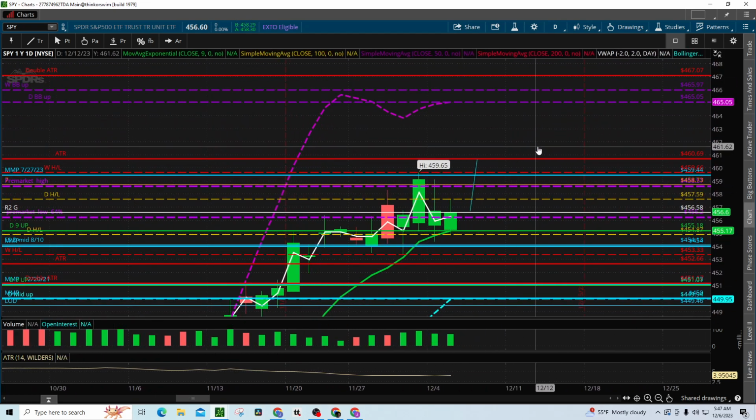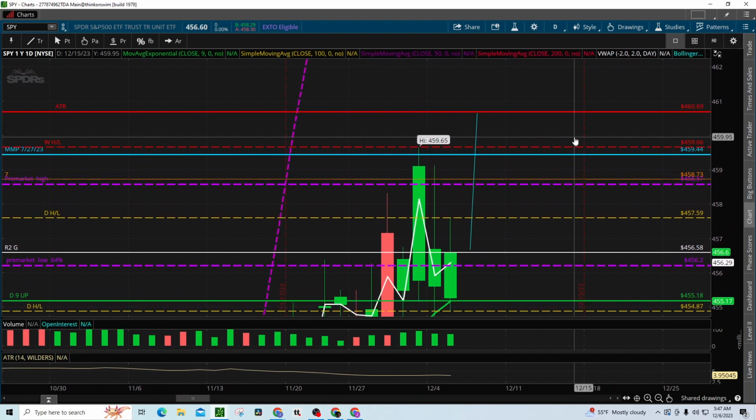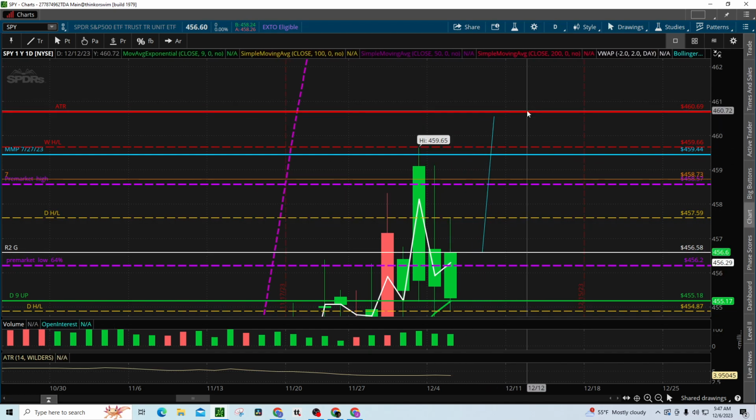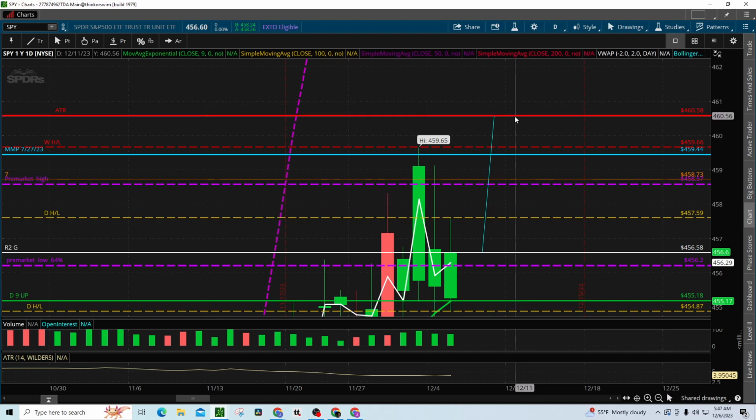Okay, so daily ATR is 395. So I want to know what the average range it's going to move today. So here's red to green right here. So from here to here is 396, close enough to 395. So I want to know where that level is.